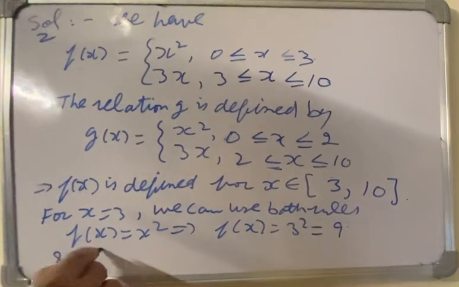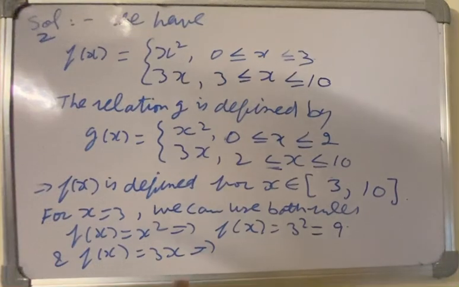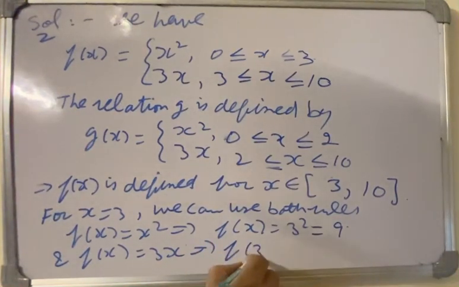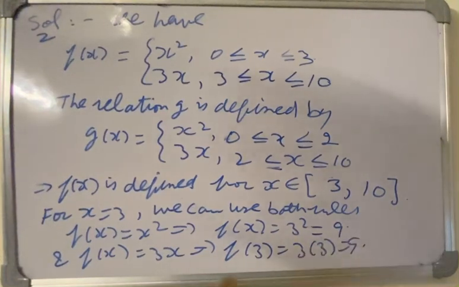And f(x) is equal to 3x implies f(3) is equal to 3 into 3 is equal to 9.